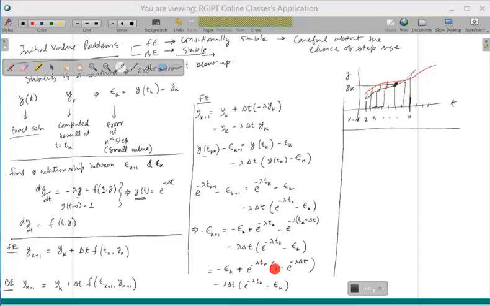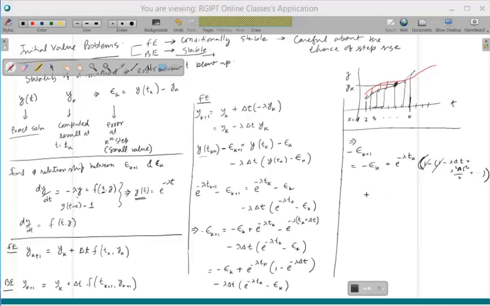We need to expand this term, and that would imply minus epsilon k plus 1 equals minus epsilon k plus e raised to minus lambda tk times 1 minus e raised to minus lambda delta t, which is going to be equal to 1 minus lambda delta t plus lambda square delta t square by 2 in higher order terms. Okay, so these ones cancel out.